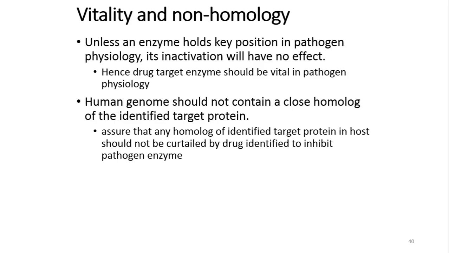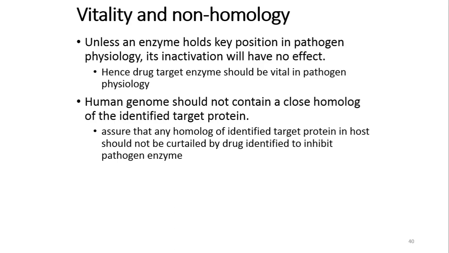तो ऐसा नहीं होना चाहिए कि whatever protein or enzyme X that you have identified in your pathogen and you plan to use it as a drug target, it has got some closely related protein X prime which is present in your human host as well. So since this X and X prime are now homologues of each other, they would share sequence similarity as well as structural similarity.